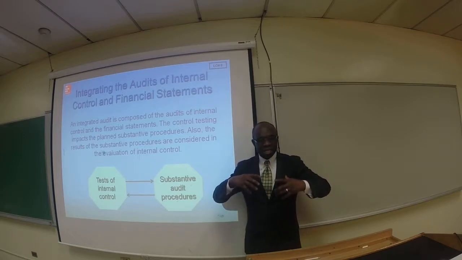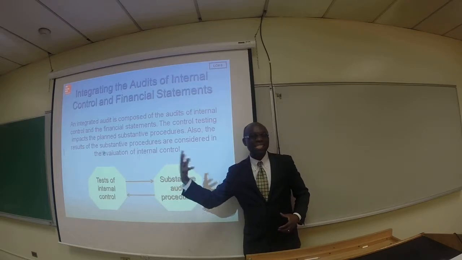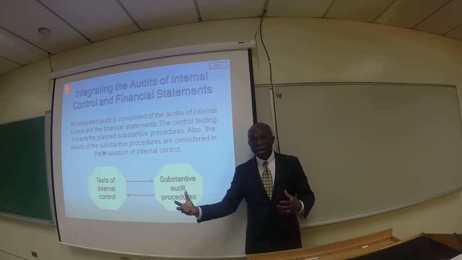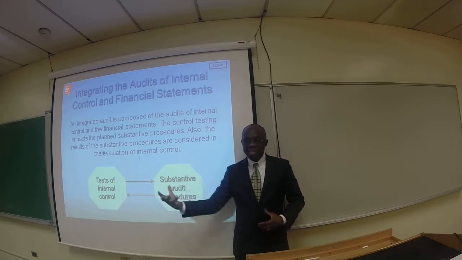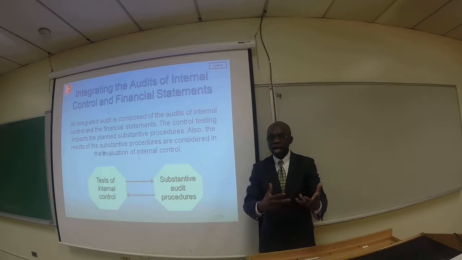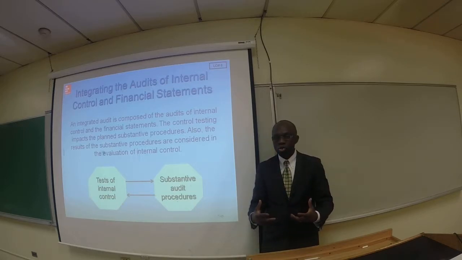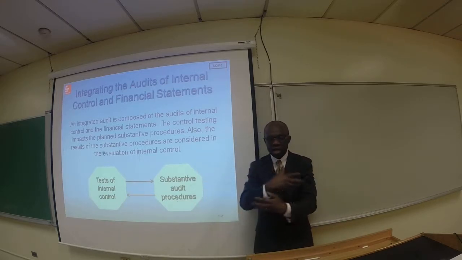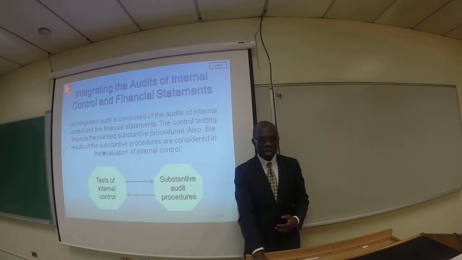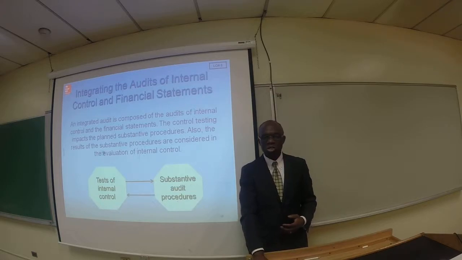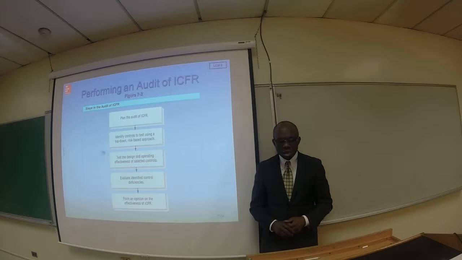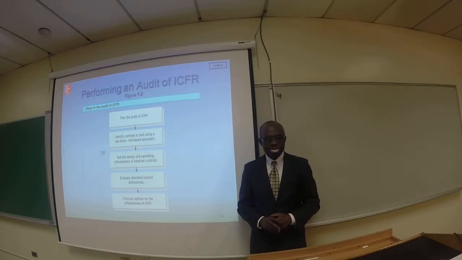That understanding will help them with their detailed testing or substantive audit procedures. At the same time, their detailed testing procedures will also help them with their audit of the internal control. So it's concurrent, and there are a lot of elements of overlap relative to this integrated audit of controls and the financial statements.